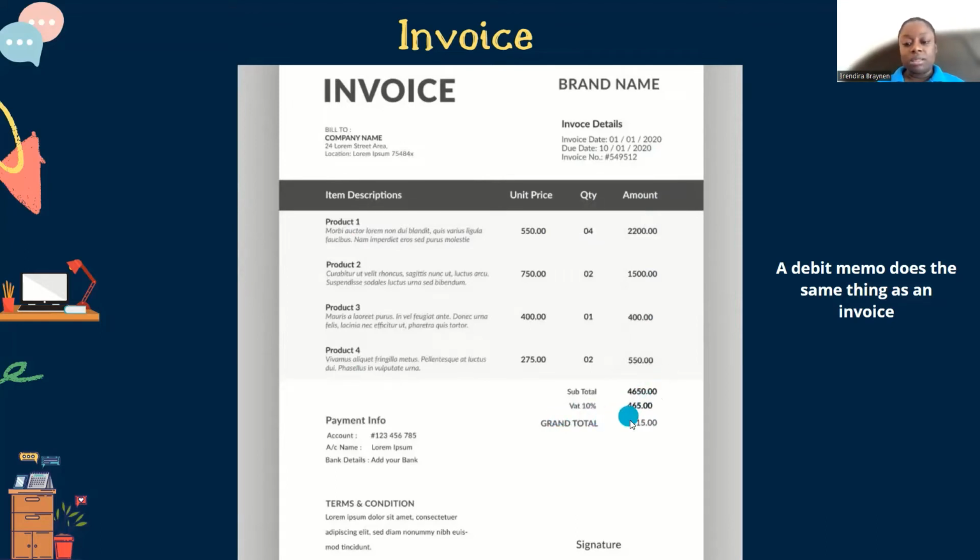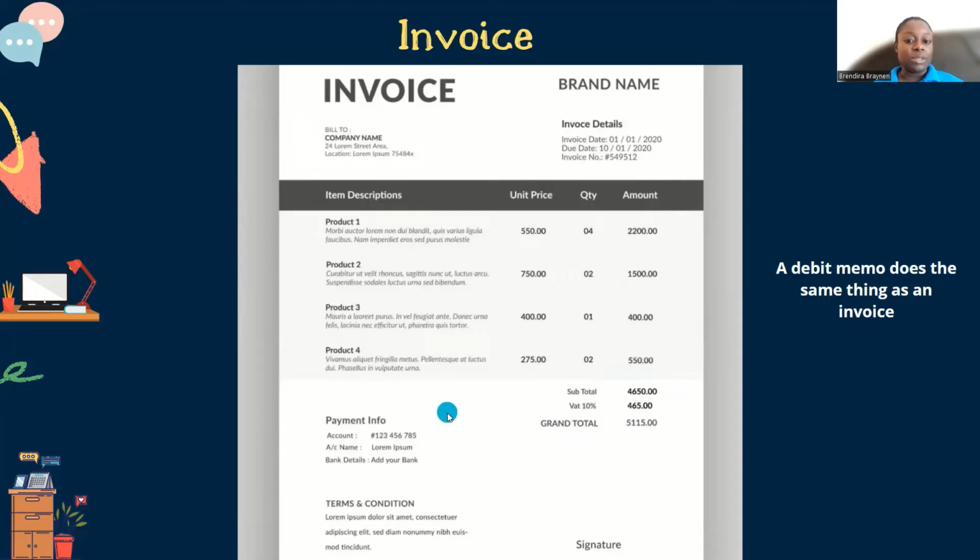And so that means they calculated 10% of the subtotal, which is $465. So when they add it together and get a grand total, the amount owed from this invoice is $5,115 in total. So when payment comes in, you expect payment to be up to this amount for this invoice.